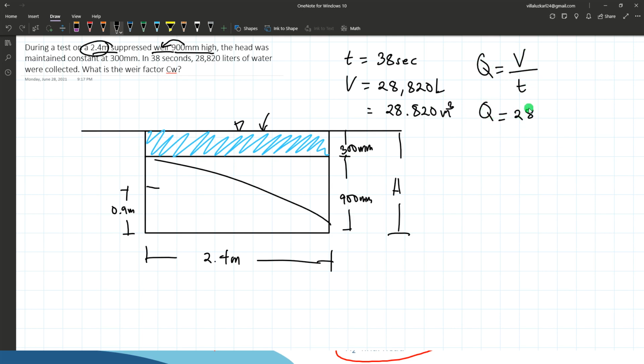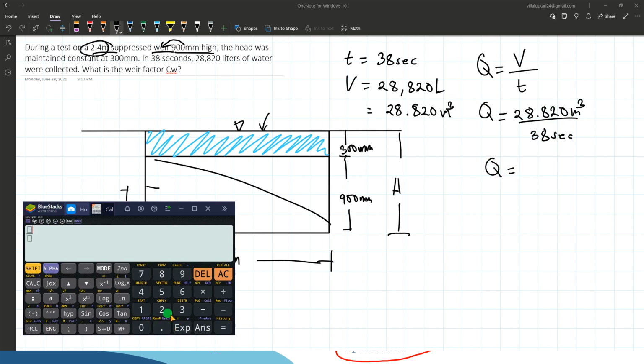So therefore, 28.820 divided by time, which is 38 seconds, is equals to the discharge. 28.820 divided by 38, 0.75842 cubic meters per second. That's your discharge.